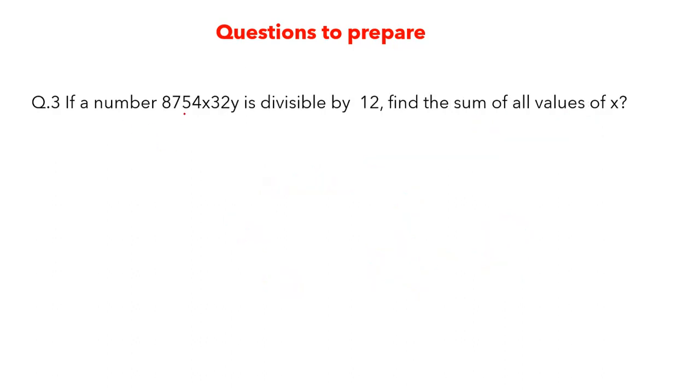If a number 8754x32y is divisible by 12, find the sum of all values of x. 12 can be written as 2 into 3 into 2, or simply 4 into 3. This is how we can write it.